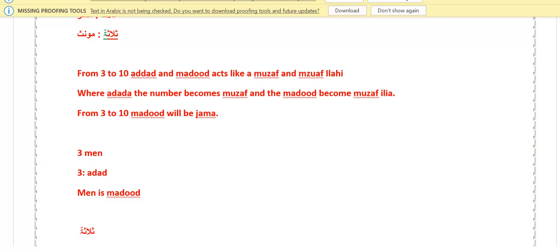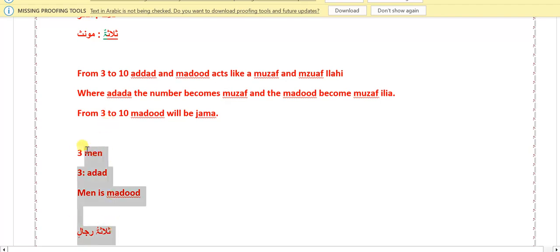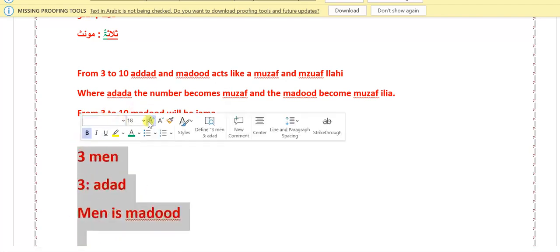And what is the rule from 3 to 10? Madud will be jama. So instead of rajulun, we are saying rijalun. But that is not correct. Why? Because they need to be in the muzaf ilayh format. So we are going to remove the tanween from salasatun and give kasra to rijalin. So salasatu rijalin means 3 men.